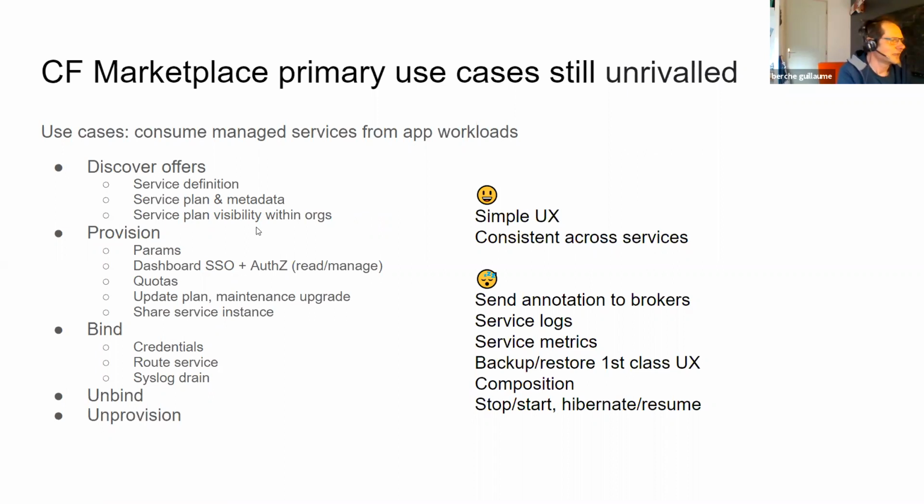And then provisioning the service, usually with params, being able to access a web dashboard for those managed services using single sign-on, and as well authorization using the authorization endpoint from CAPI that provides a way for the service provider to know whether the user has read or manage access to the service instance.